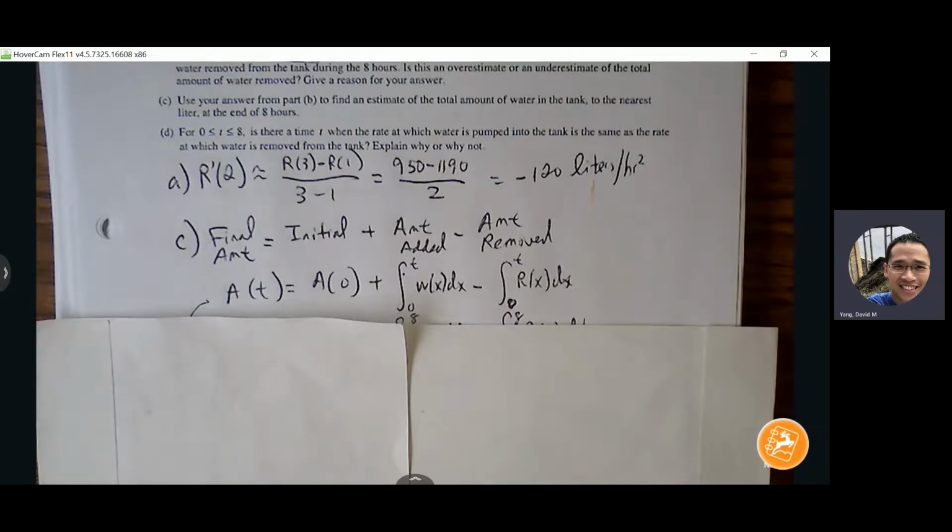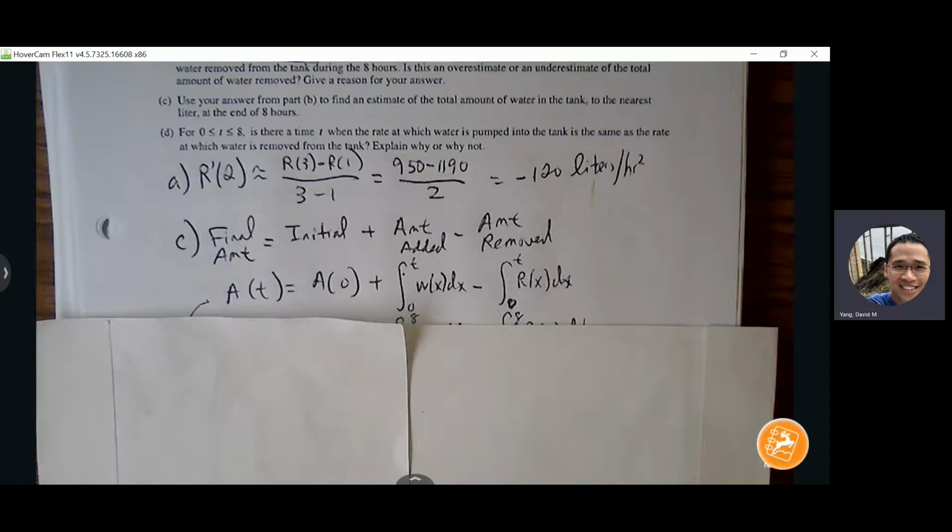Now, W of t is a rate, so we have to take the antiderivative of that rate. So I go integral from 0 to t of W of x, just to show that there's a different variable there. And then R of x or R of t is going to do the job of taking water away from the tank, removing water from the tank. So minus integral from 0 to t of R of x.